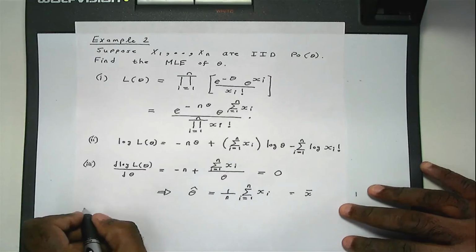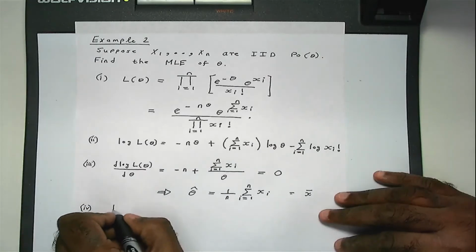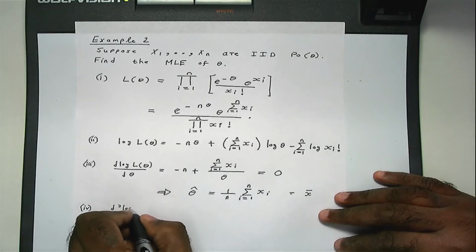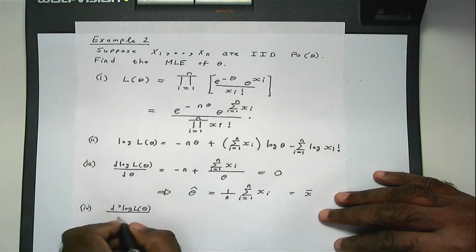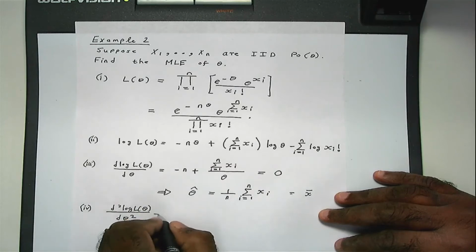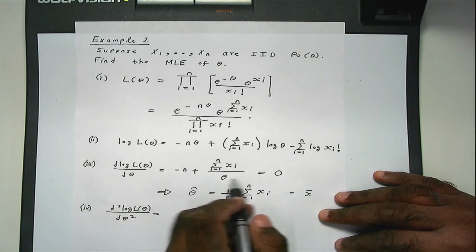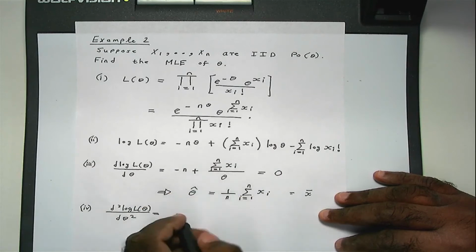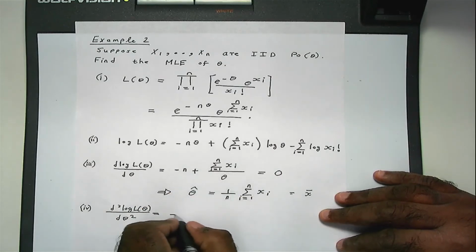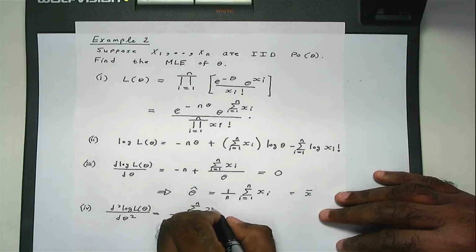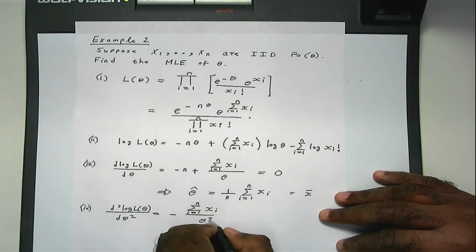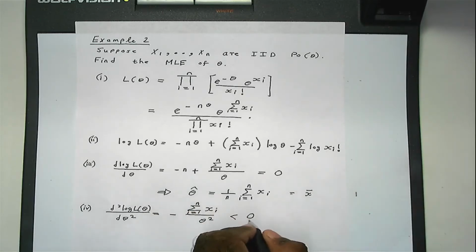And step 4 is to check the second order derivative. The second order derivative is the derivative of this, which is minus, which is clearly less than 0.